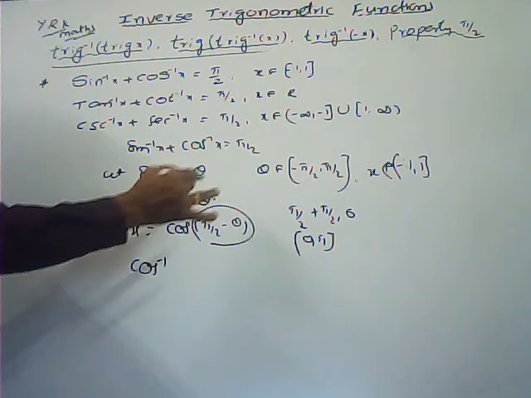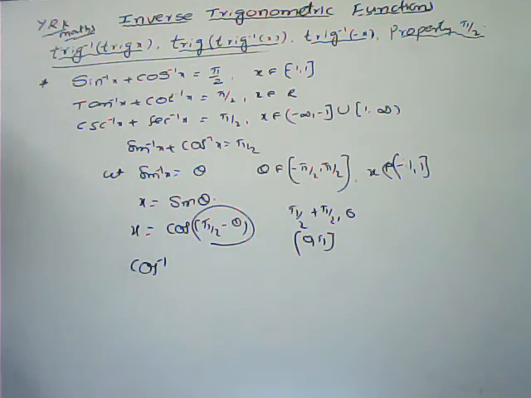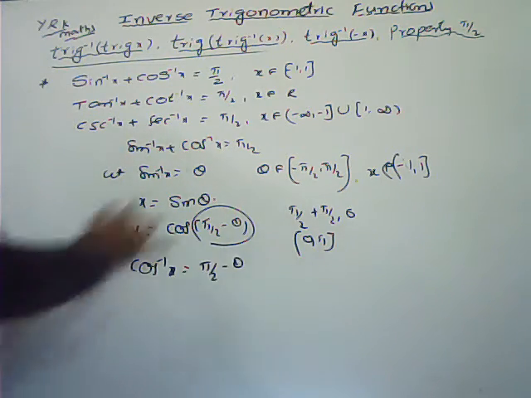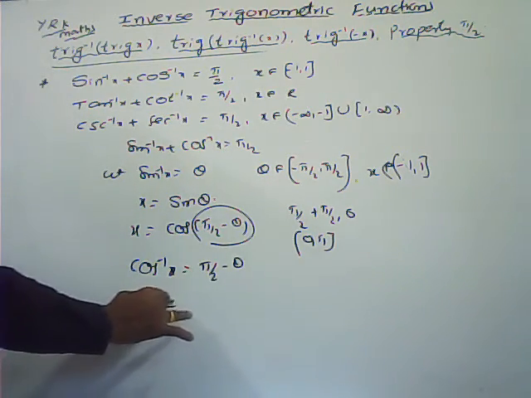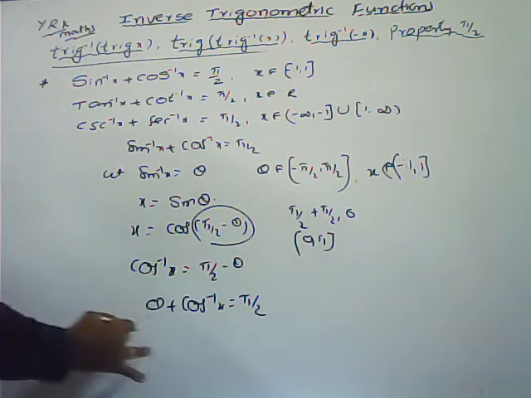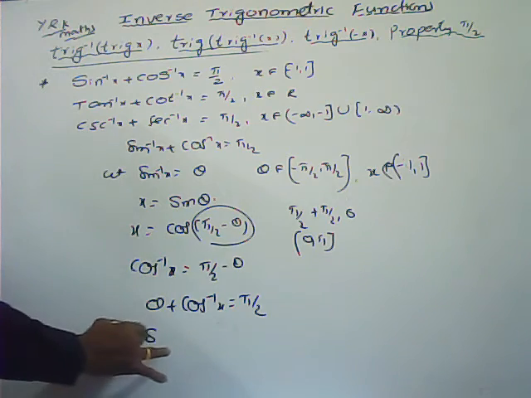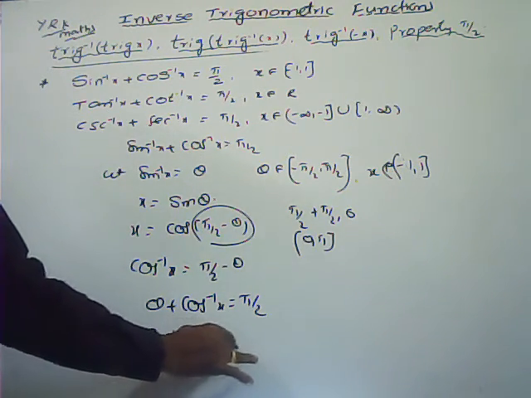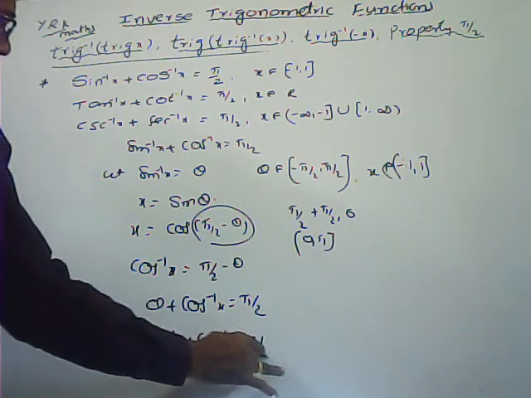Here x belongs to minus 1 to 1 and pi by 2 minus theta belongs to 0 to pi. So we can write cos inverse x equals pi by 2 minus theta, and theta plus cos inverse x equals pi by 2. What is theta here? Sin inverse x. So sin inverse x plus cos inverse x equals pi by 2.